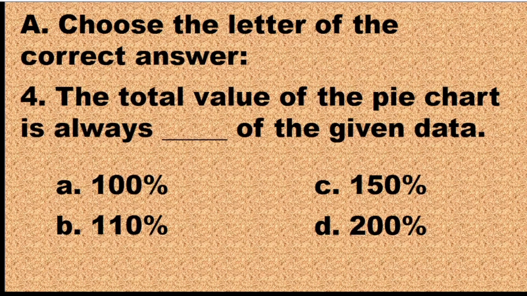Number 4. The total value of the pie chart is always blank of the given data. A. 100%, B. 110%, C. 150%, or letter D. 200%. Your timer starts now.